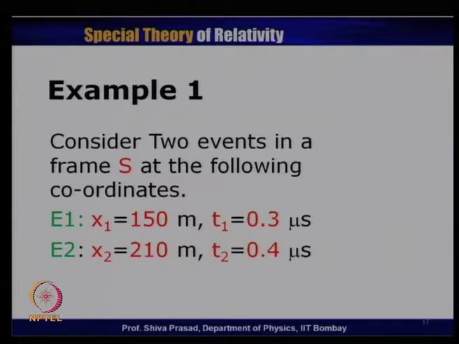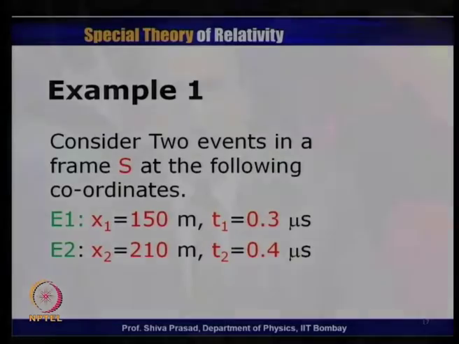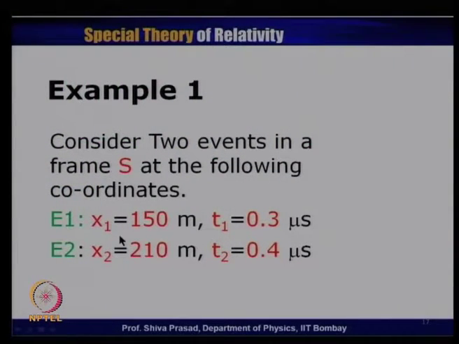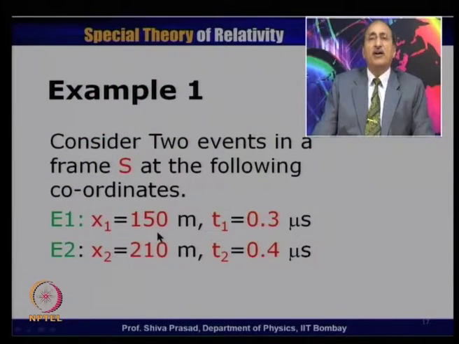Let's take a very simple example with arbitrary events. Let's take y and z equal to 0, and y prime and z prime also equal to 0. The first event occurs at x equal to 150 meters and at time equal to 0.3 microsecond.